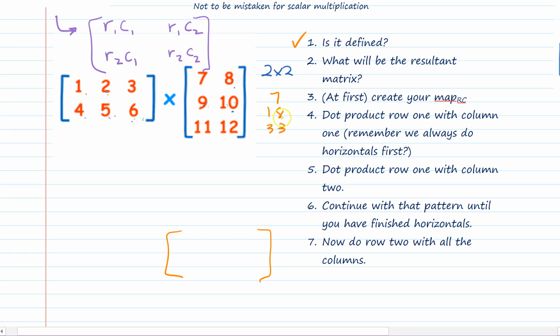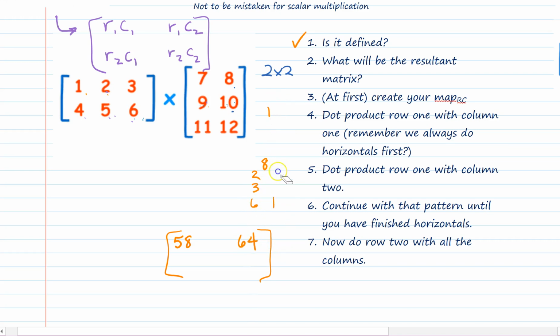If I add those up, that's 58, because remember, dot product is the sum of the products. So that one's done. Now I'm going to do row 1, column 2. 1 times 8, 2 times 10, 3 times 12, and I get 64.